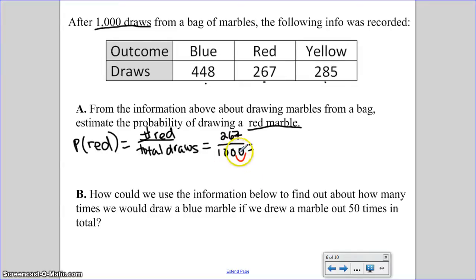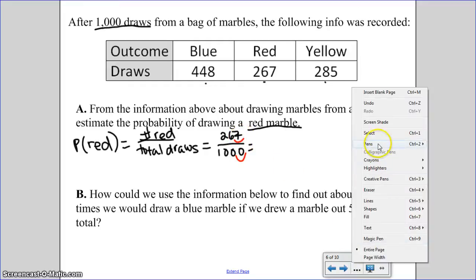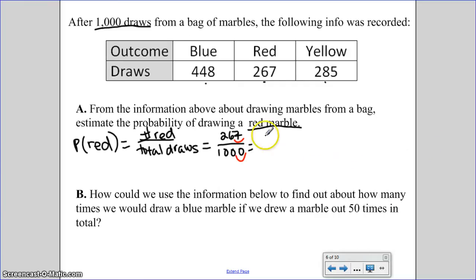And remember that a percent is always out of 100. So I'm going to do the same thing to the top. That means this fraction, 267 over 1,000, is the same thing as 26.7 out of 100. So that gives me my percent. So this is a 26.7% chance that I'll draw a red marble.